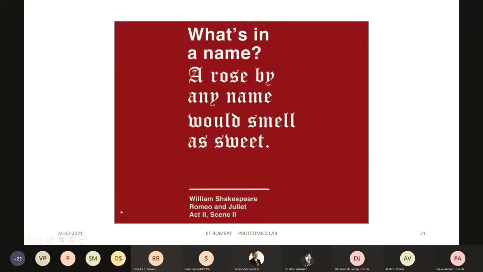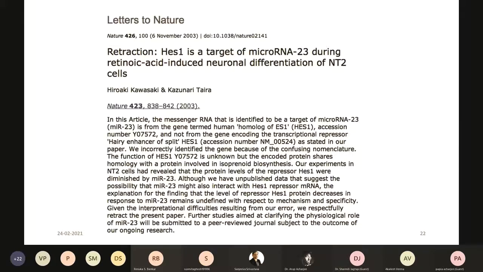So as I was telling, what's in a name? You see, there was a famous retraction from a Nature journal. The retraction was of the paper on HES1. What they actually wanted to say is homolog of ES1 and not the gene encoding the transcriptional repressor hairy enhancer of split, which is also called HES1.